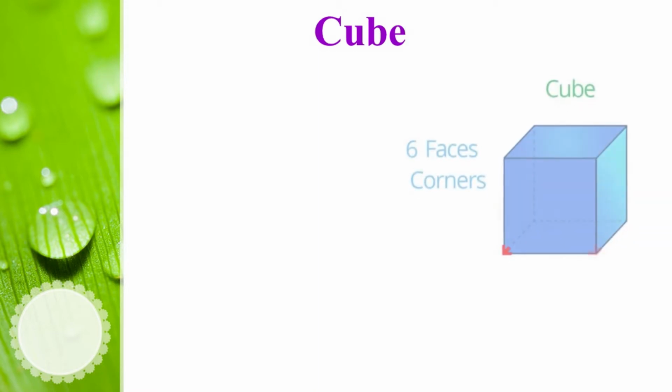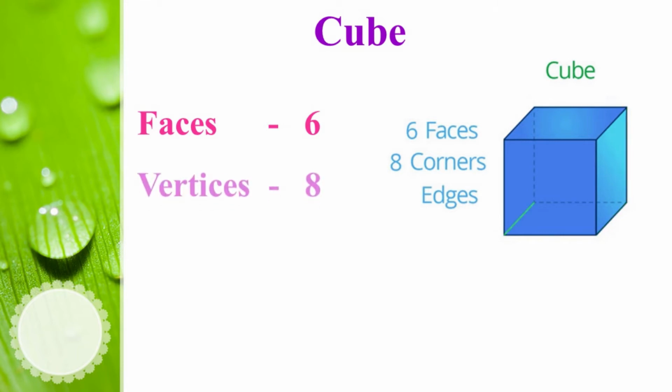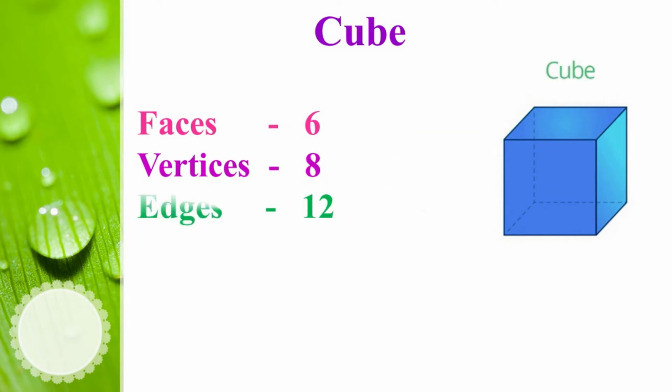Let us find the number of faces, edges and vertices in the polyhedron cube. This is the cube, and let us count how many faces, how many edges and how many vertices are there. Faces are 6, vertices 8, edges are 12.